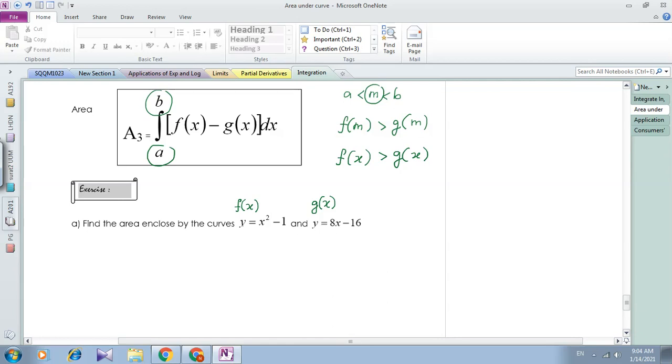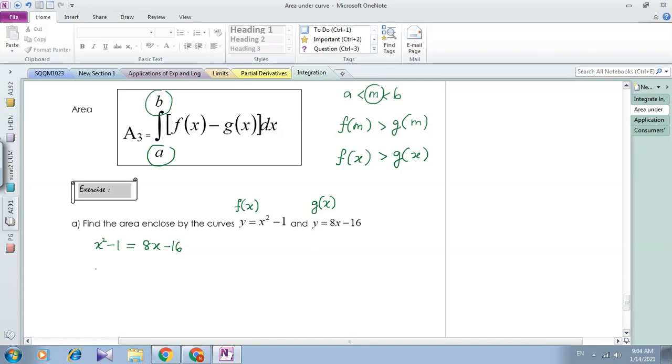As you can see, y equals something, and this is also y equals something. So basically x squared minus 1 is the same as 8x minus 16, because both are y. So we can equate these two equations.